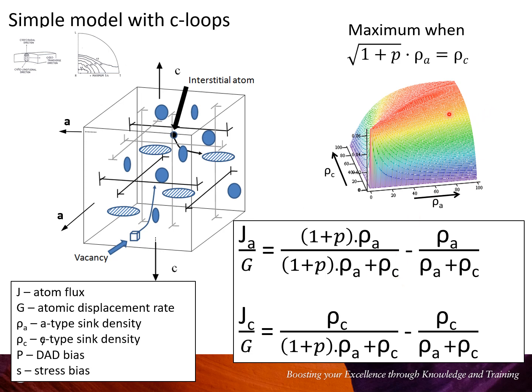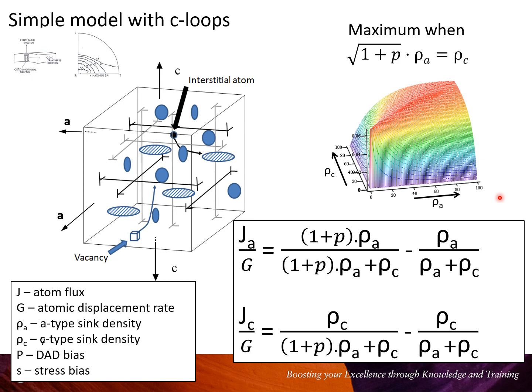And what you find is that there's a maximum in the rate of strain. Now it's the rate of strain which is in the absence of stress, in fact, because there's a bias. You get more interstitials migrating to A-type dislocations.